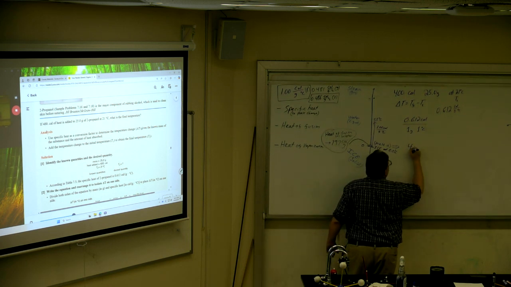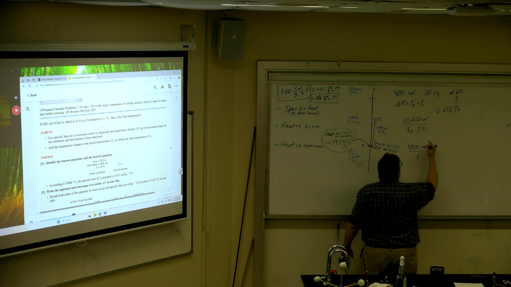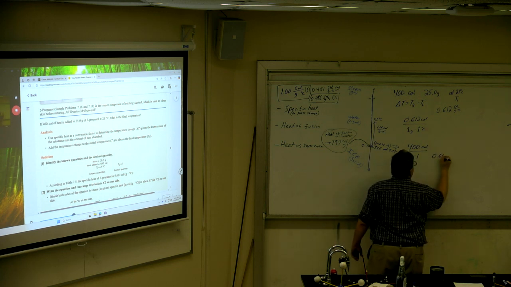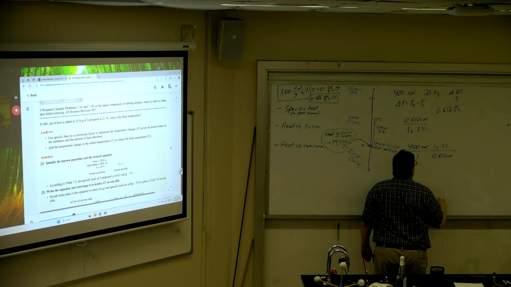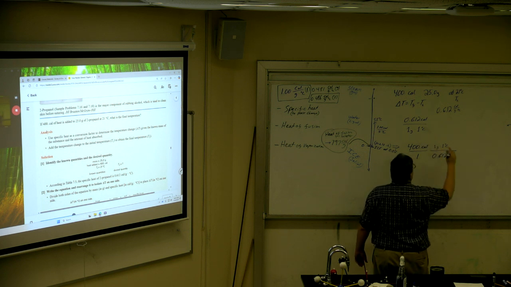So I would start this calculation. I'm going to put this on the bottom, 1 gram, 1 degree C, and 25 grams.